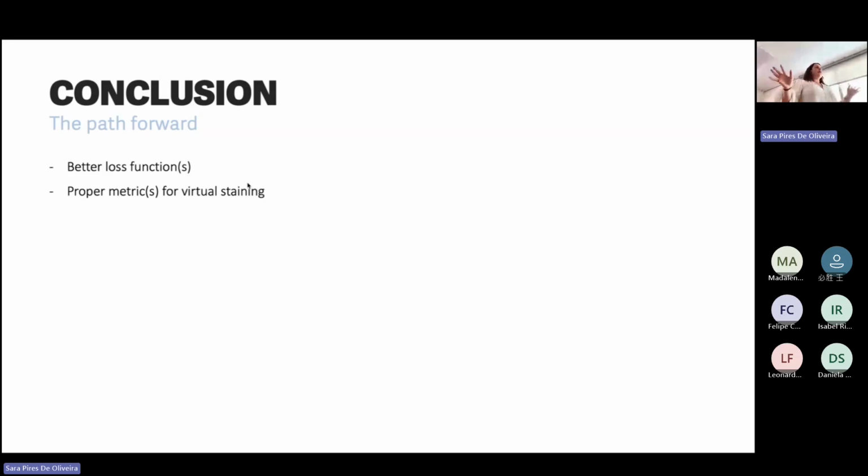There's still no way of doing a proper evaluation of the generated images, or even during training, a good way to optimize the models. Of course, we should really focus on improving pathology fidelity, and not only coming up with realistic images.